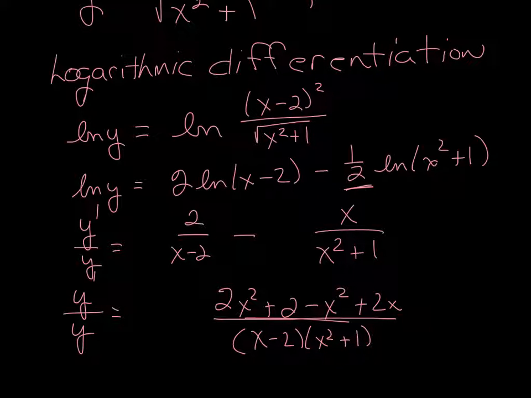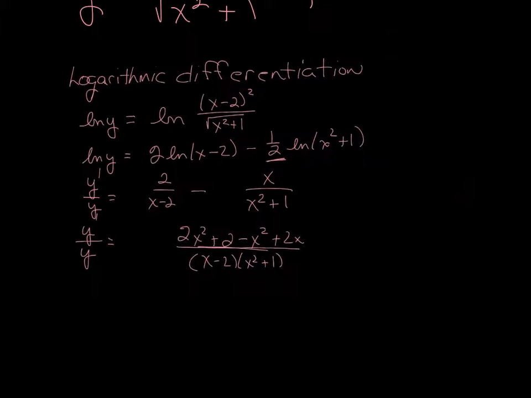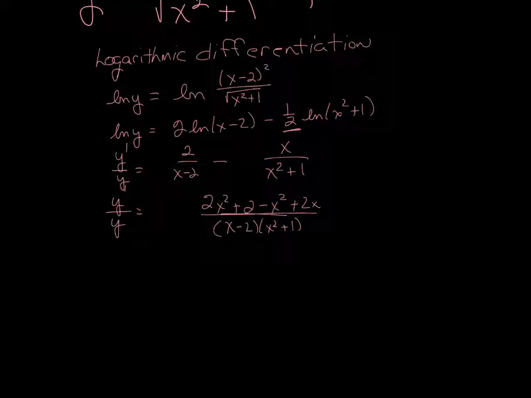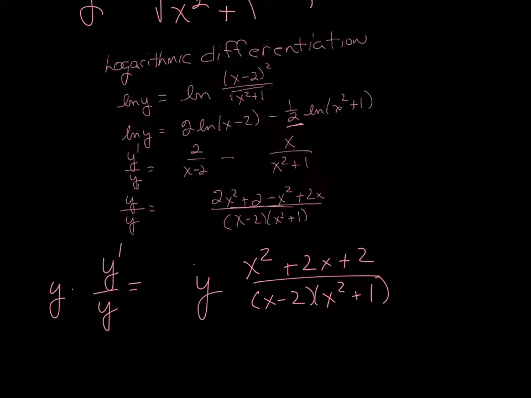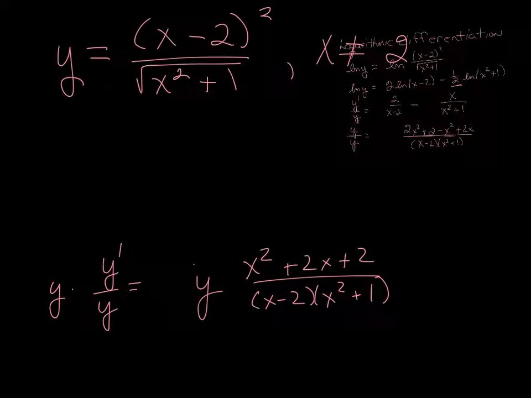So if we simplify, we still have y prime over y equals 2x squared minus x squared is x squared plus 2x plus 2 over x minus 2 times x squared plus 1. Now we can multiply both sides by y. And we know what y is if you look back at the original equation.